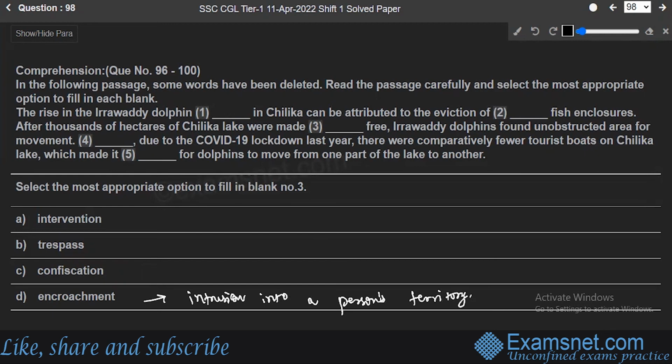Let's look at the other options also. Intervention means the action or process of intervening. Trespass, to go into somebody else's land.